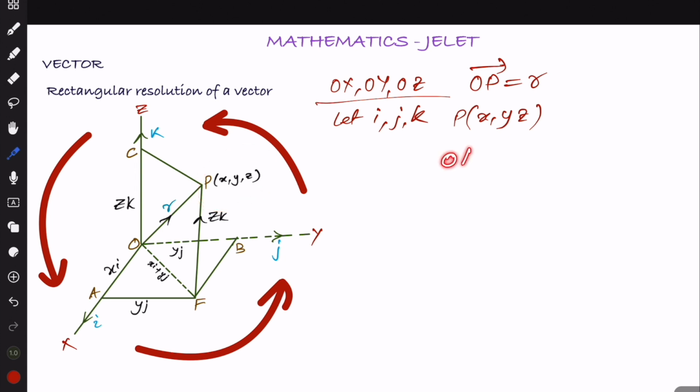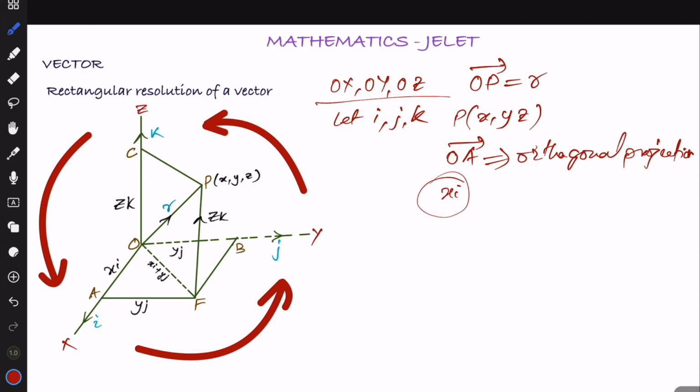Then vector OA is the orthogonal projection of R, and its direction is given by XI.